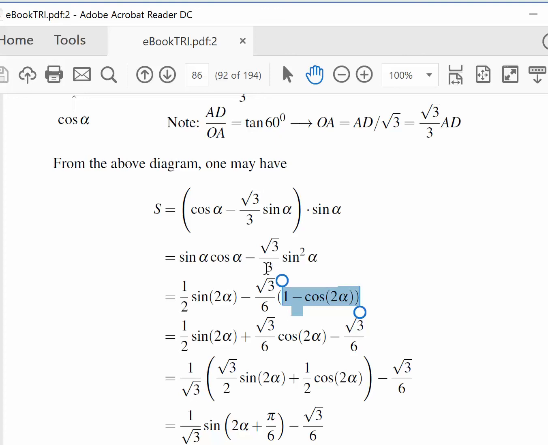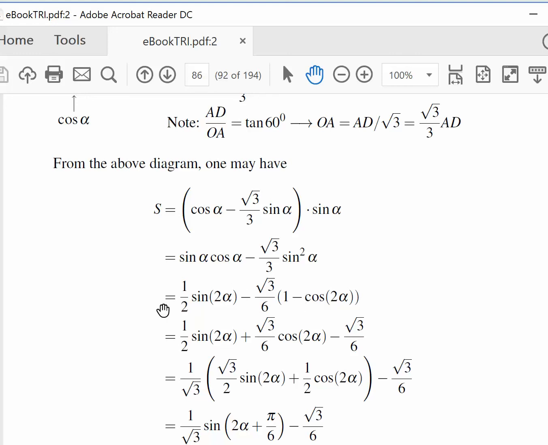You see here is from 3 come to 6. It's because some algebra is involved. Review the previous one. Here sine alpha cosine alpha, you multiply by 2 over 2. So the numerator 2 sine alpha cosine alpha gives you sine 2 alpha. Downstairs you have a 2, so you leave it alone.